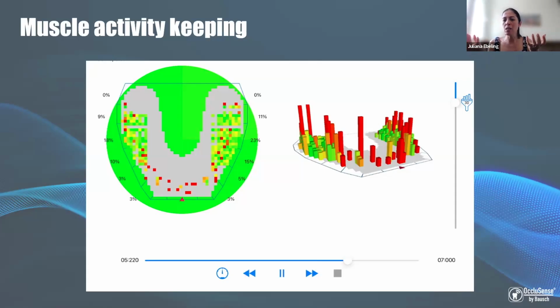If I need to understand how the system is working, how is this distribution, how is the interference contact, I can use OccluSense. If I just want to have an overview of the contacts, I can use scanners, but I need to understand how each device works to know which will help me in that moment, with the information that I'm looking for.